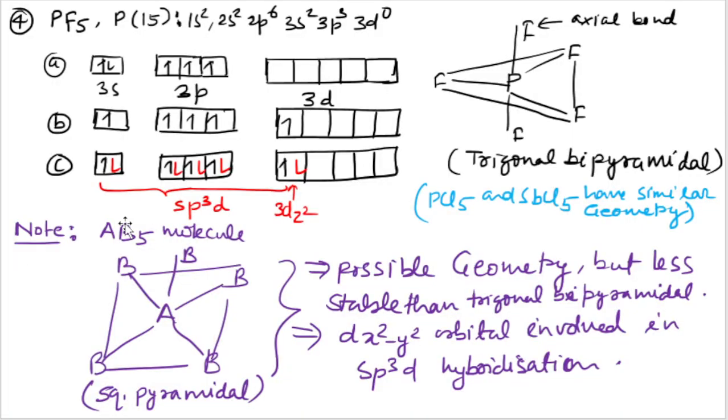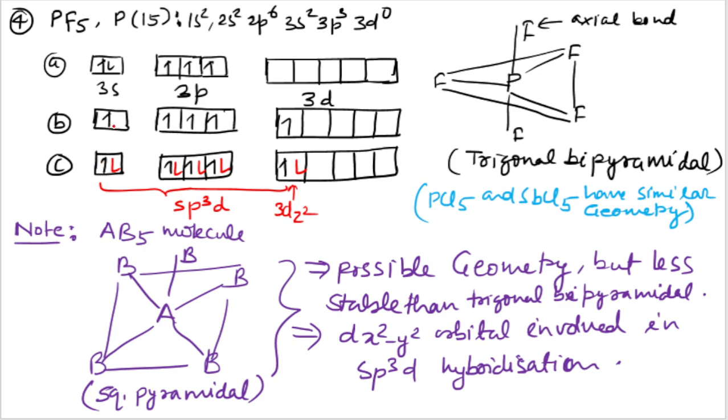Now discuss another example, PF5. The electronic configuration is this, and here how many valence electrons? Five valence electrons are present. In the ground state the 3d orbital is vacant, and we need five unpaired electrons for the formation of PF5 geometry.